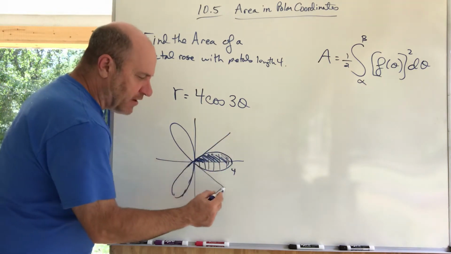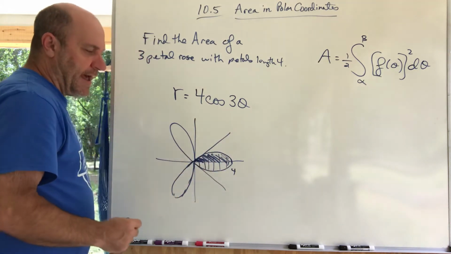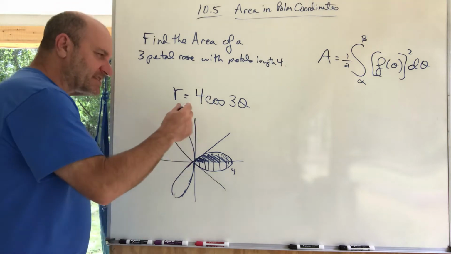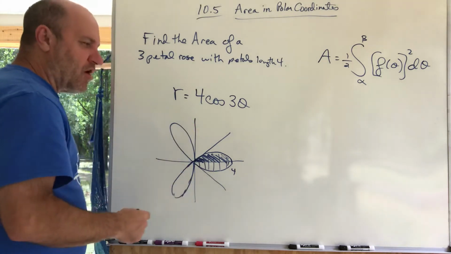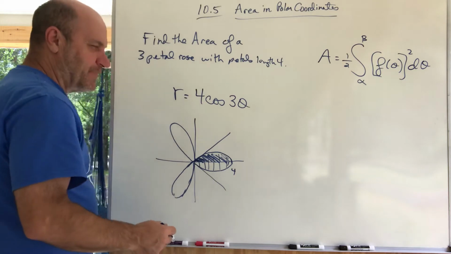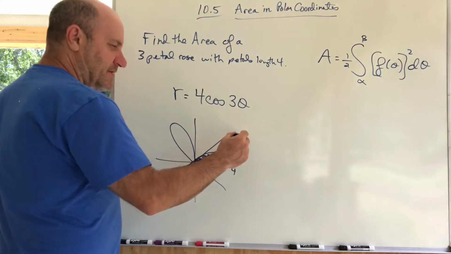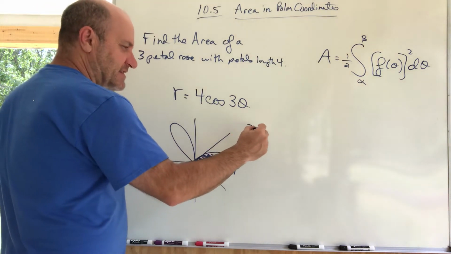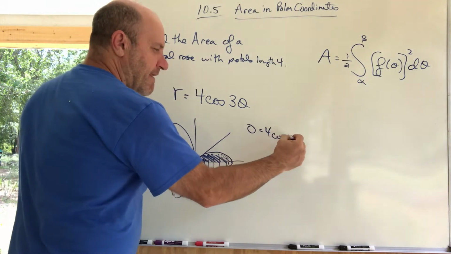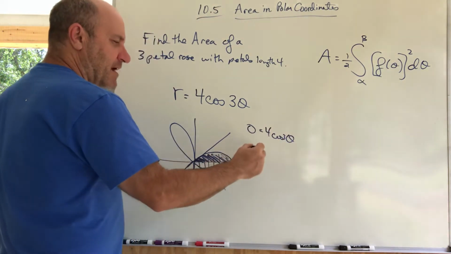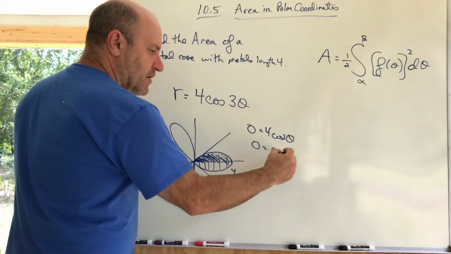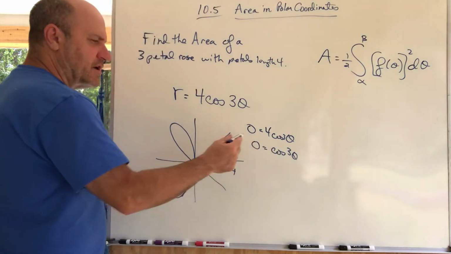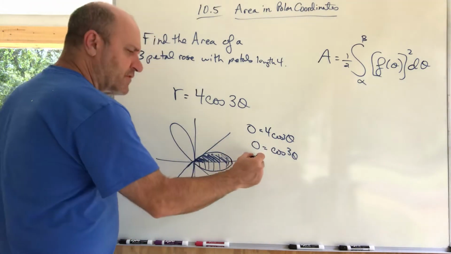When does this petal come into the pole? So I could set this equal to 0. Let me try that a second. If I set this equal to 0, divide by 4, cosine 3 theta equals 0. Let's see, when does cosine equal 0? Pi over 2.